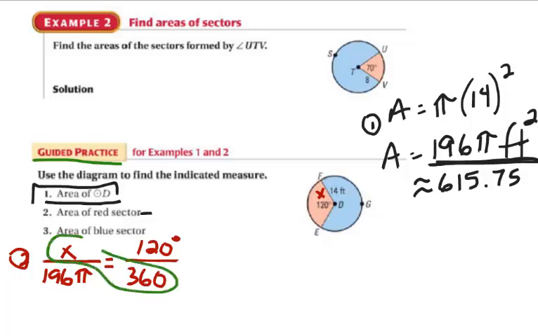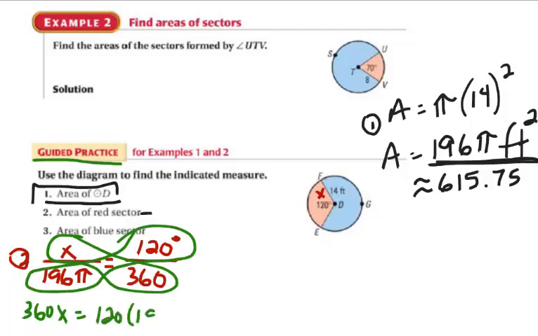So I get 360x equals, and then I'm going to do 120 times 196 pi. Okay?